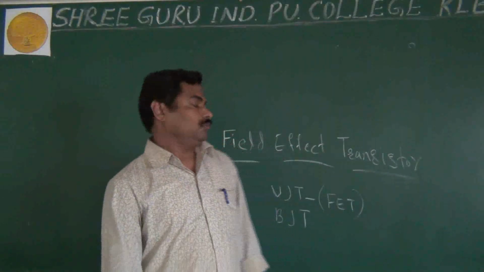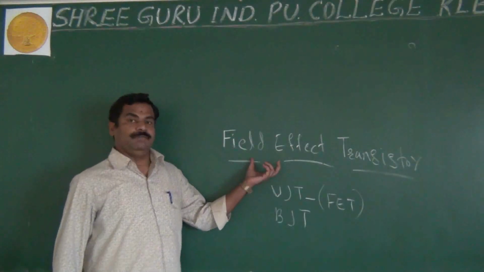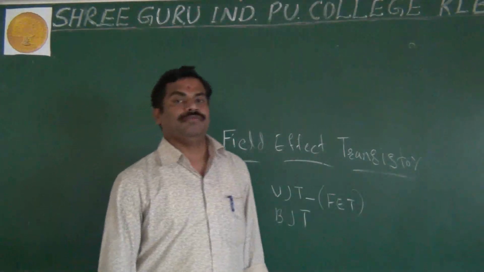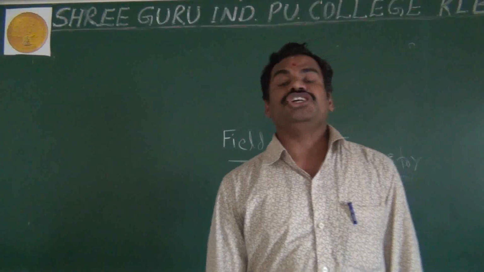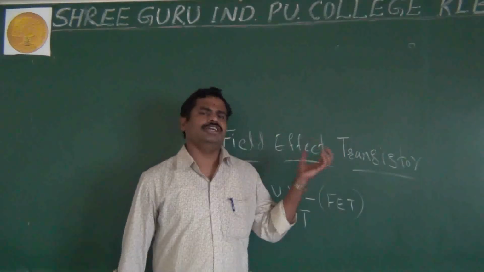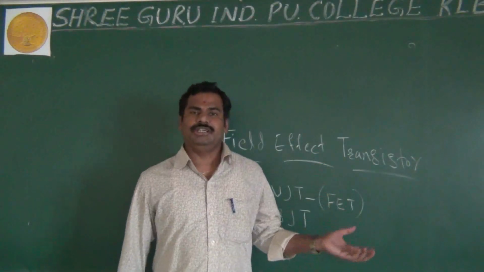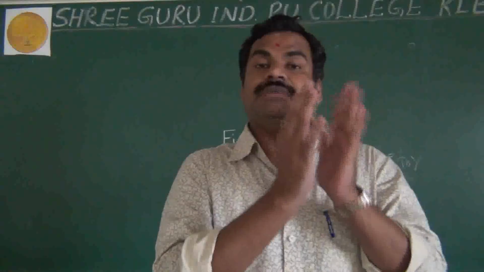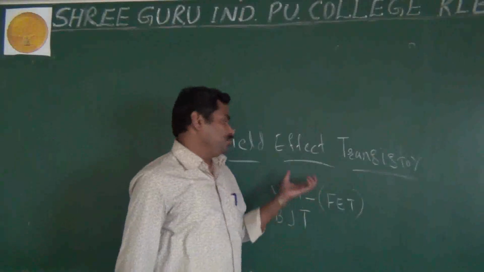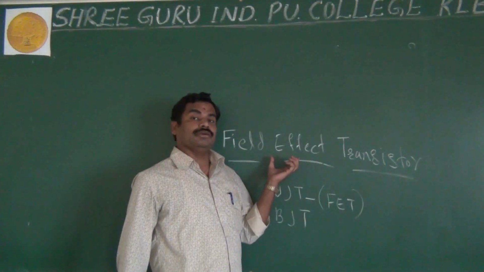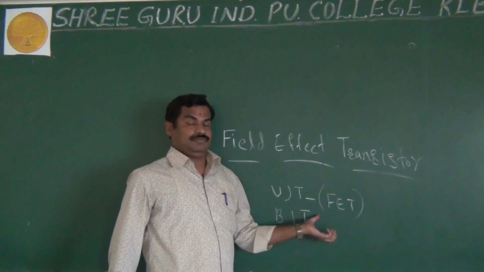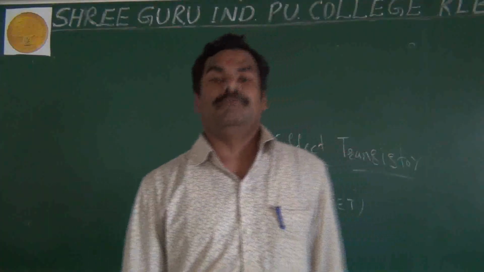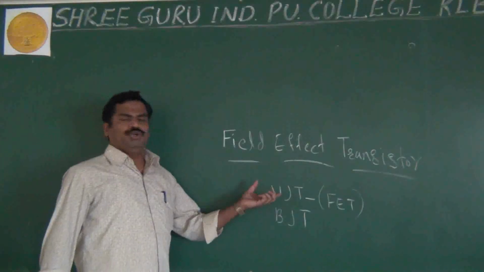The most important thing in your FET as compared to the BJT: as we know, the BJT is a bipolar junction transistor, but the FET is called a unipolar device. BJT is a bipolar device, but FET is a unipolar device. And what is the meaning of unipolar?